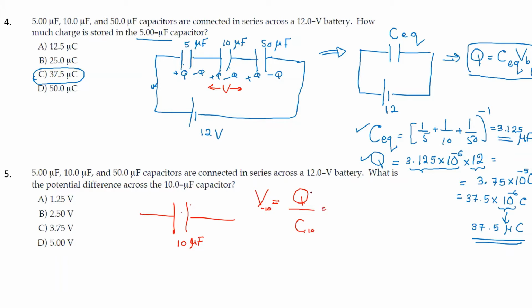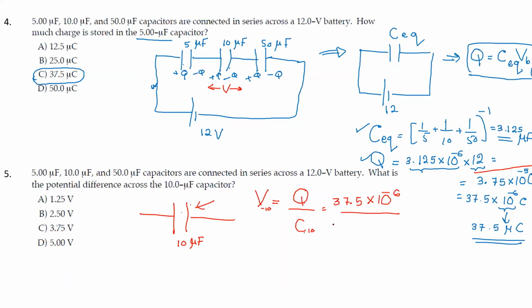So the Q in this is the same as this Q value, which was 37.5 microcoulombs. When I convert it to coulombs, it is 10 to the negative 6. So this is the charge in this capacitor.